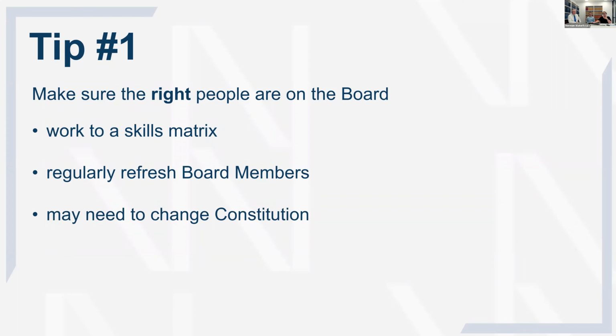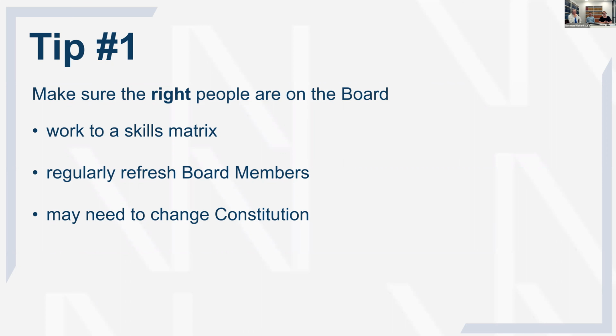The Constitution can be a bit of a challenge in this area, because quite often constitutions require board members to be nominated from amongst the membership and voted on at an annual general meeting. Increasingly, we are being asked to update constitutions to provide, for example, if there's 7 or 8 people on the board, that only 5 or 6 or 7 of them get elected by the members at a general meeting, and that the board be able to appoint a handful of positions based on what they think works with the skills matrix.